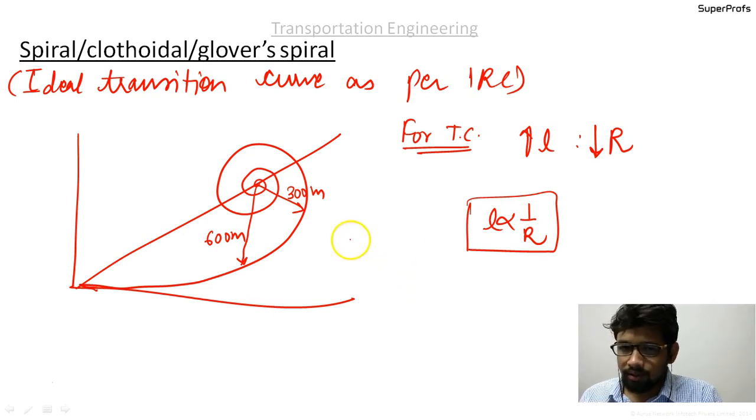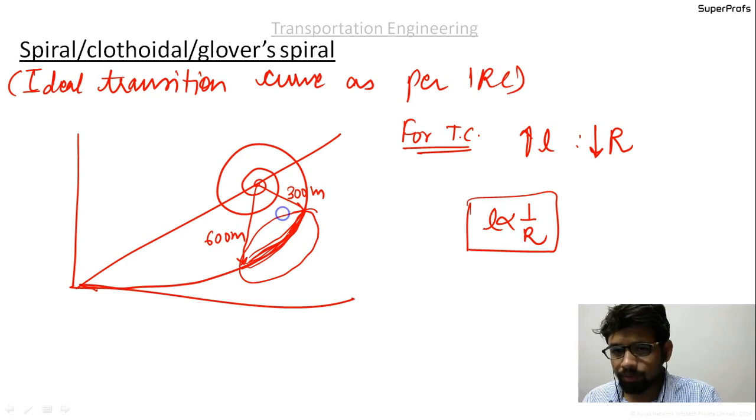So on road, what is done is that a piece of spiral is put. Suppose you want to join a segment having one radius equal to 300 meter and the other end having radius equal to 600 meter, then this particular portion of the spiral is taken up and it can be used on the road.